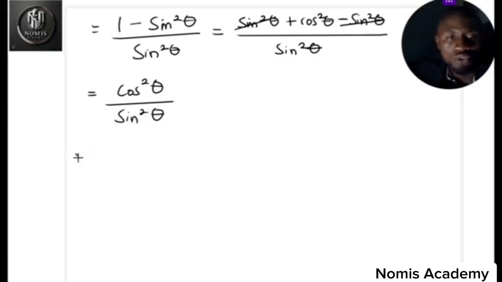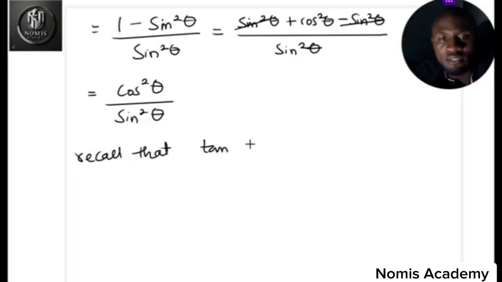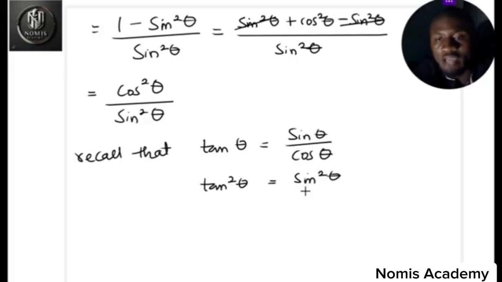You should recall quickly that tan theta is equal to sine theta all over cos theta, so tan squared theta would be sine squared theta all over cos squared theta.